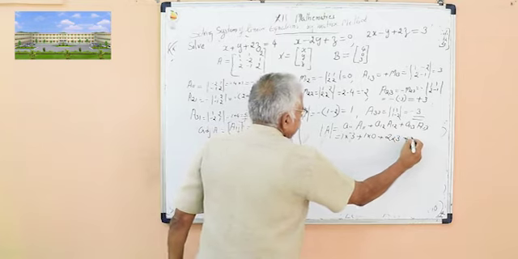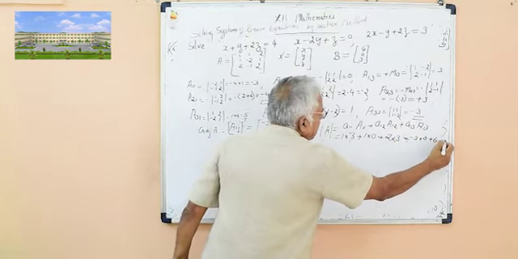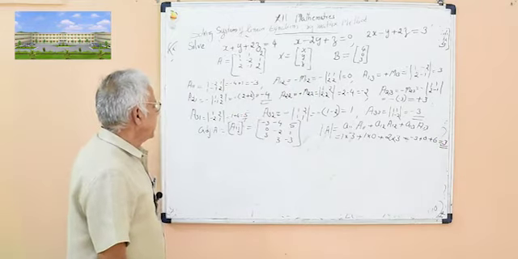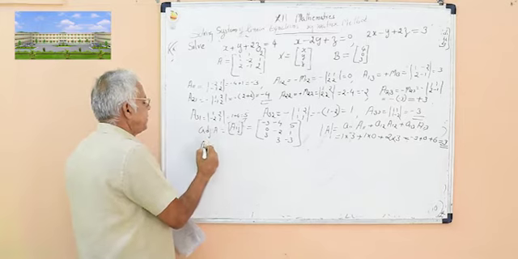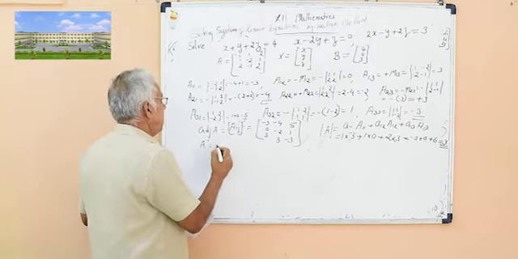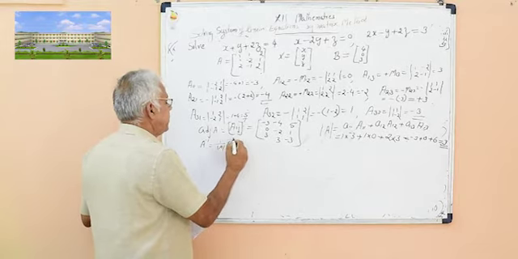Then the answer becomes minus 3 plus 0 plus 6, plus 3, is the determinant of A. Then A inverse is equal to 1 by determinant of A into adjoint of A.